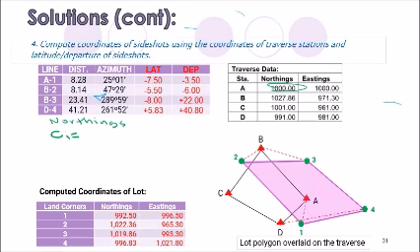Corner 1 would be 1,000, and then plus the latitude, which is negative 7.50.